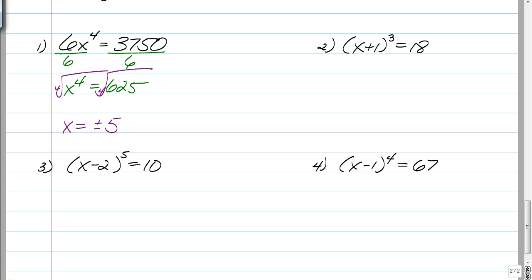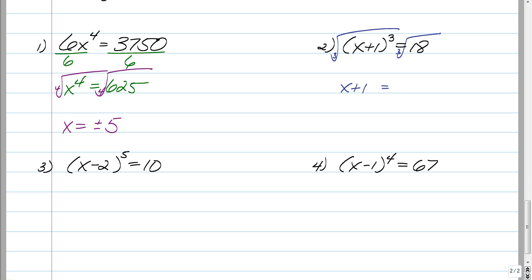Number 2, the same thing we did back in the day. To get rid of a group that's raised to a 3rd power, we're just going to cube root both sides. That's going to leave us with x plus 1 is equal to, what is the cube root of 18?